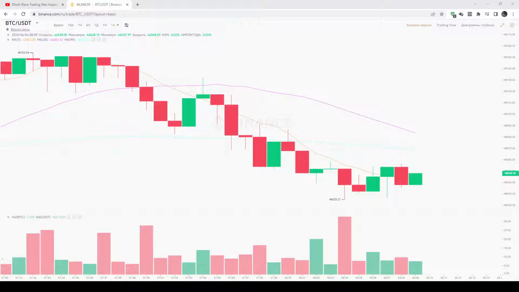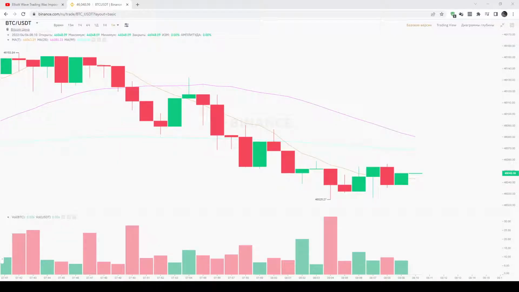During the late stages of wave 5, we will also see technical divergence patterns between the price action and the many momentum indicators such as RSI, stochastic and MACD.